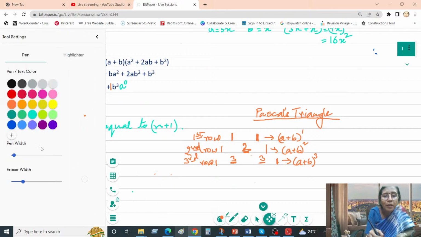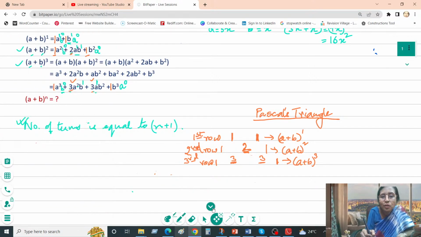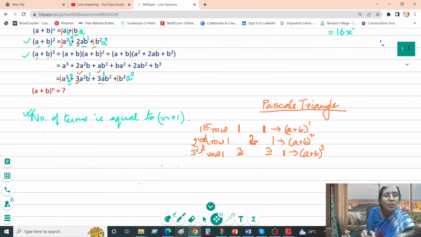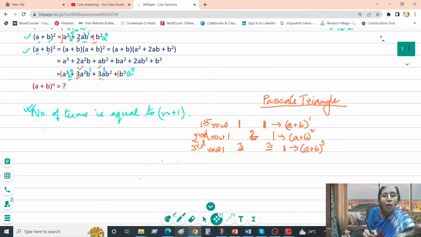But previous to that, let us find the terms of the expansion of a plus b to the power of 4, using the knowledge that we have gained so far. We will be coming to the coefficients last of all.